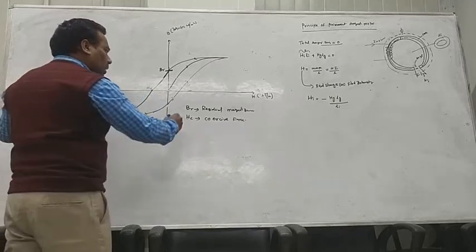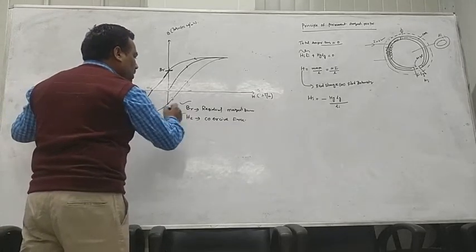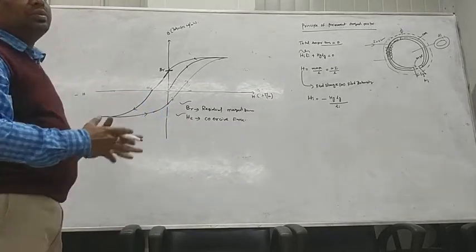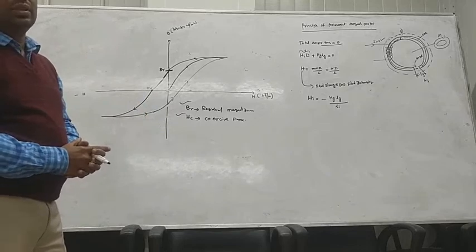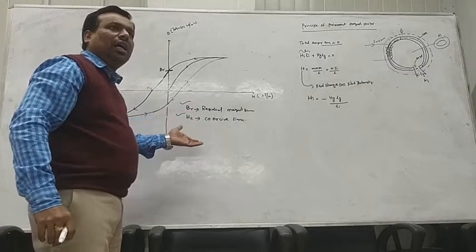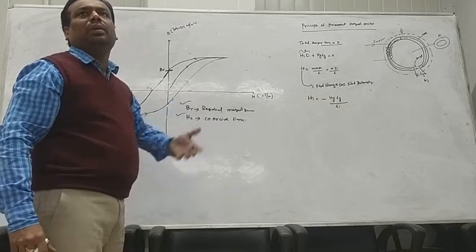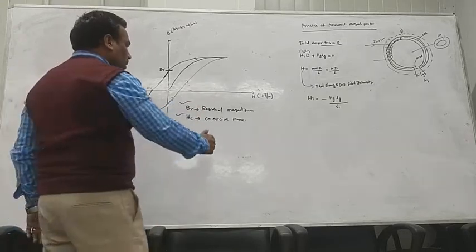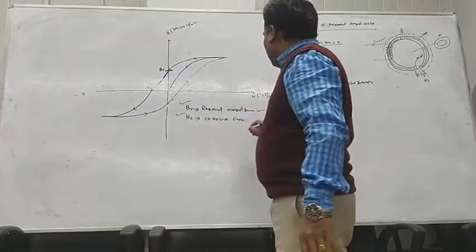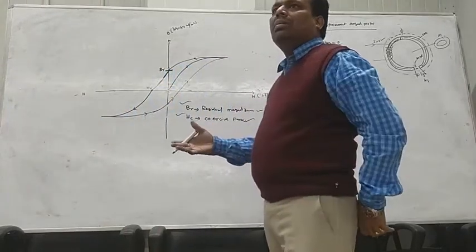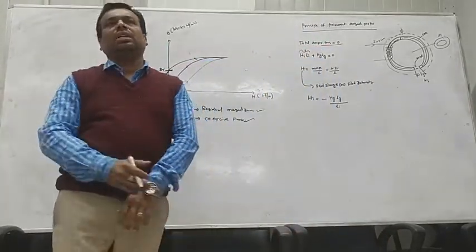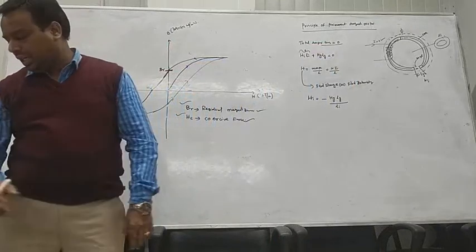Based on the BR value and HC value, there are different types of permanent magnets. Based on residual magnetism and coercive force, the permanent magnets are classified.